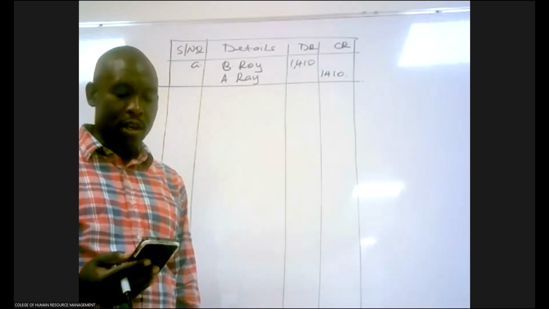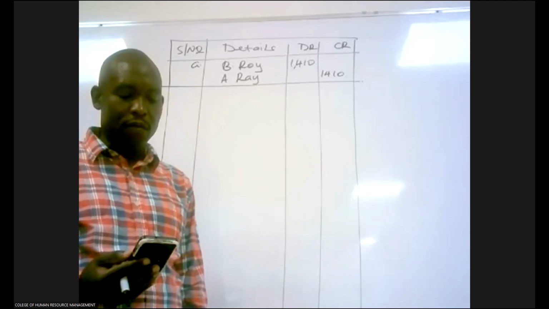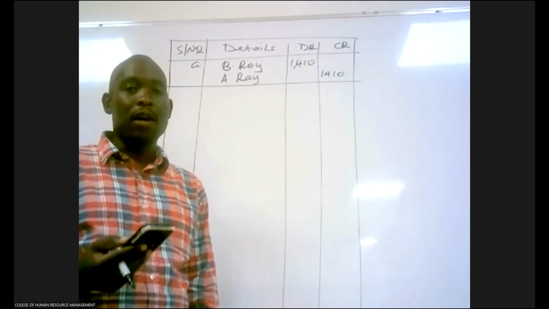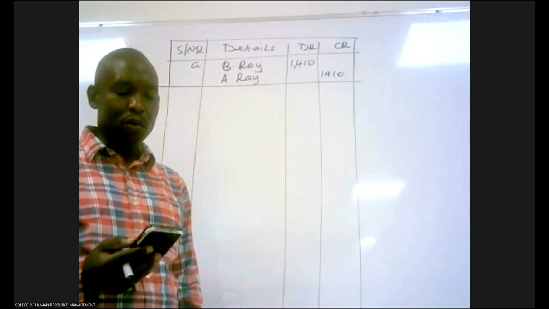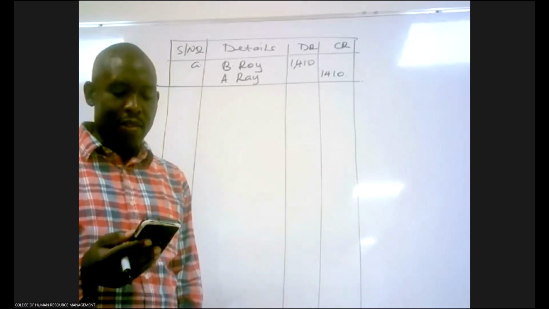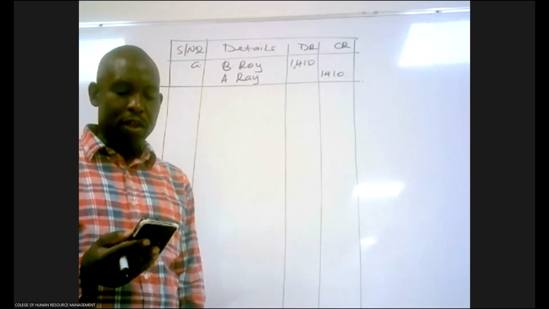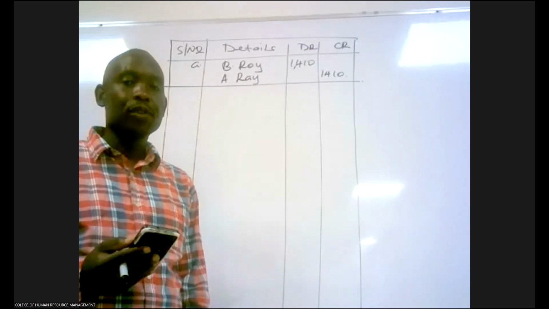Okay, then let me proceed to that B. A check of 94 paid for printing. You should maybe have this understanding that printing is an expense. So we were supposed to debit the printing account. It had been entered in the cash column of the cash book instead of in the bank column.